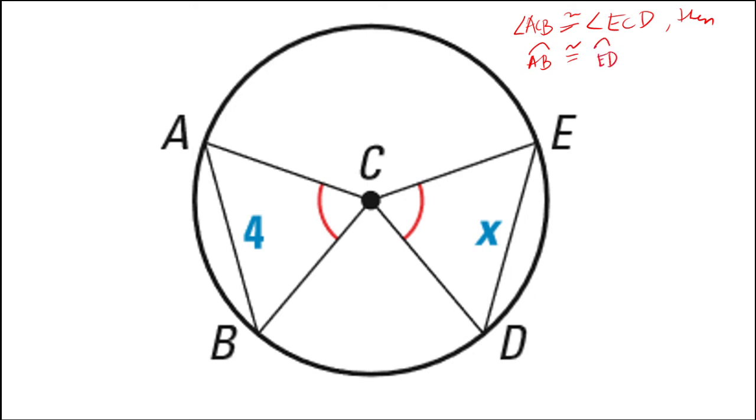Now, if arc AB is congruent to arc ED, then the measurement of chord AB is also congruent to the measurement of chord ED. Now, if the measurement of AB is 4, then the measurement of chord ED is also 4. So, x is equal to 4.